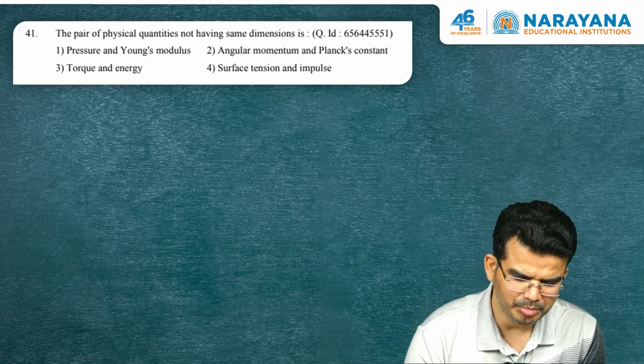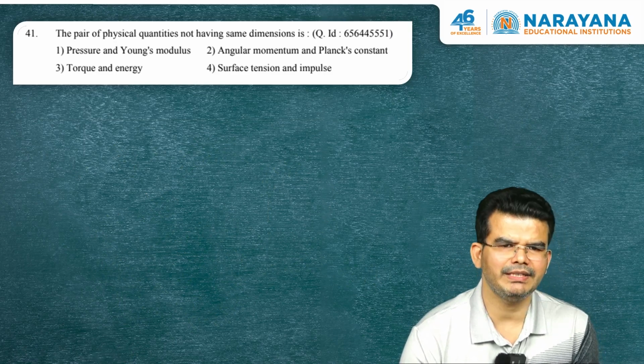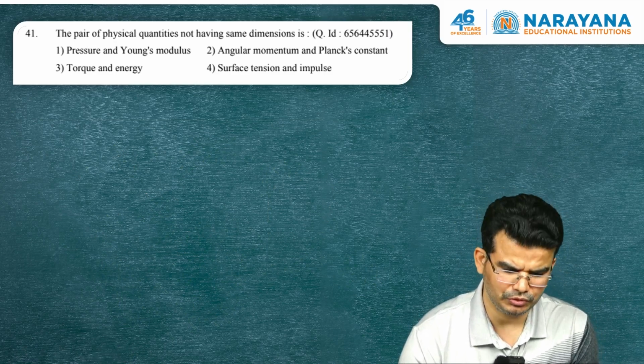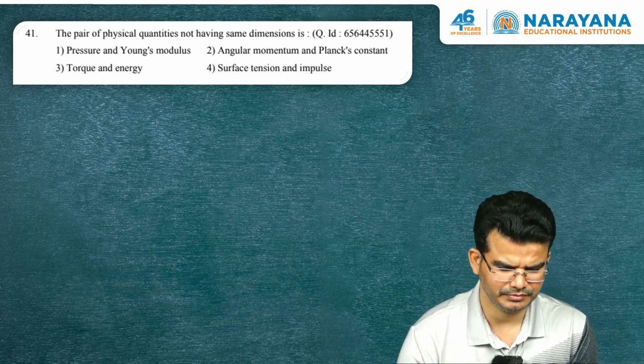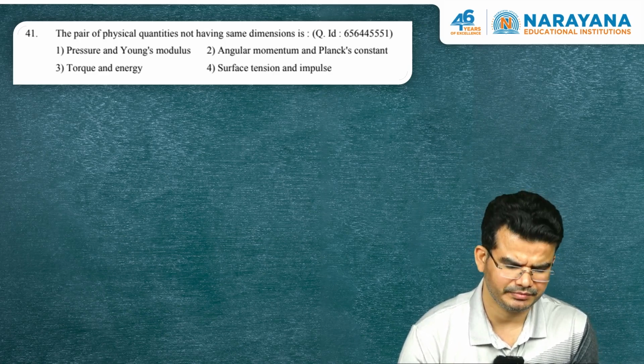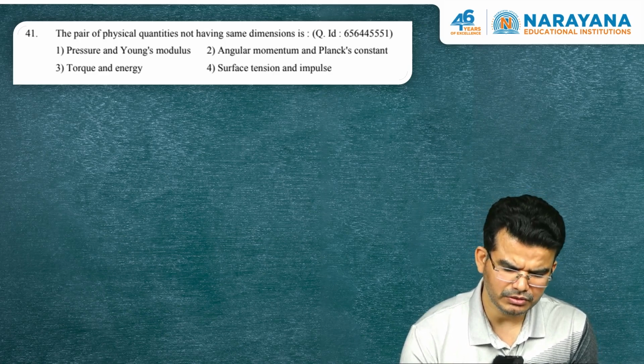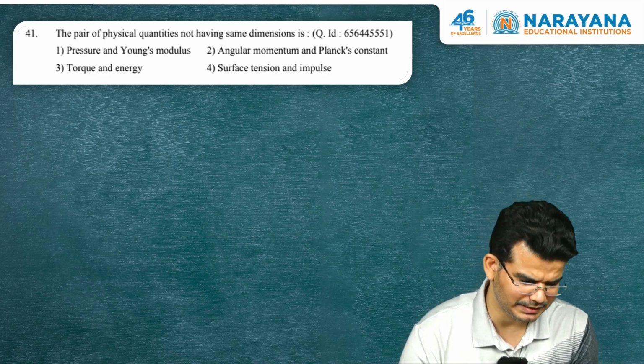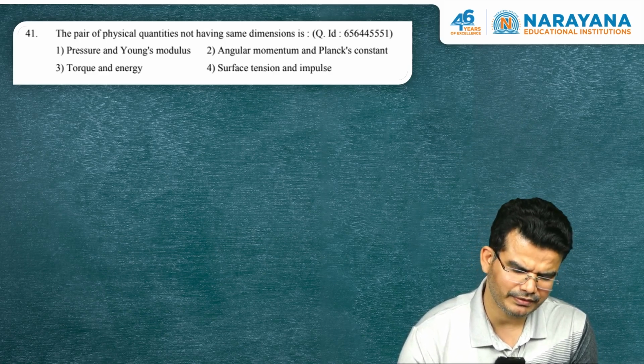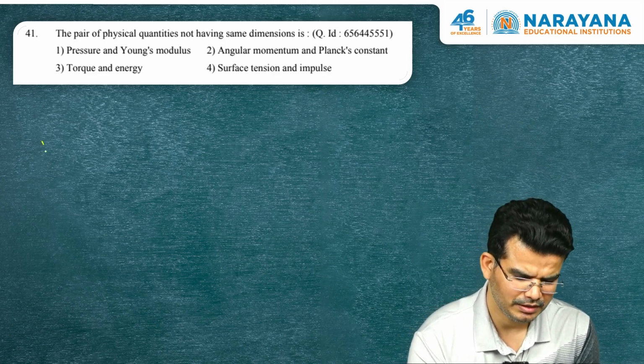Next one: a pair of physical quantities not having the same dimension, again unit dimension, very simple problem. So, 2 questions are from unit dimension. First one is pressure and Young's modulus. Pressure P is force upon area. What is Young's modulus?